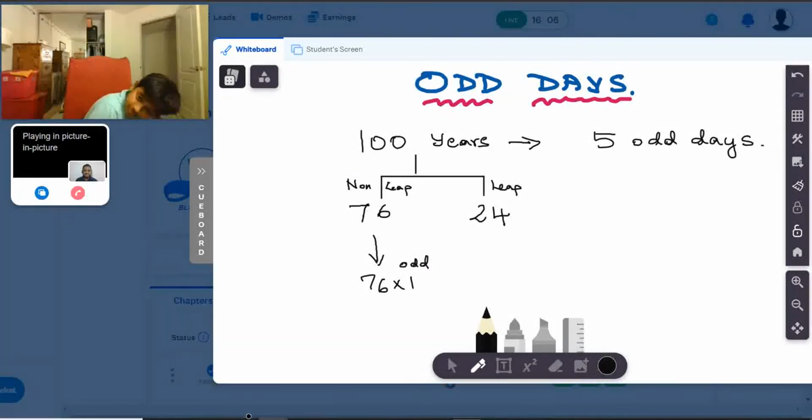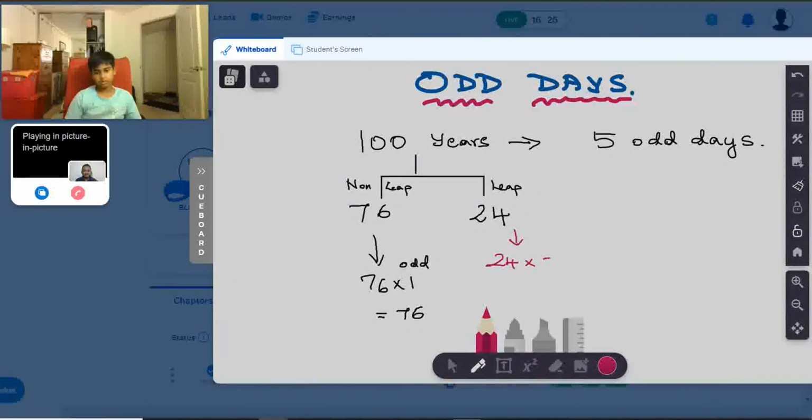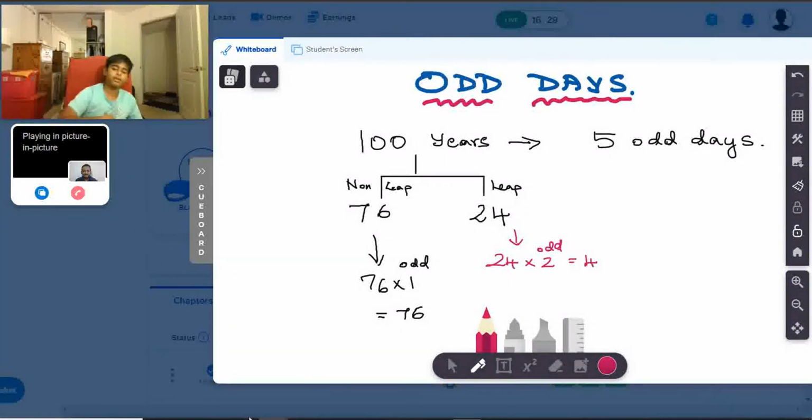So 76 years will have 1 odd day per year, giving 76 odd days. Do you agree? Now let's get to leap years. How many odd days does a leap year have? 2. Very good. So we have 24 times 2 odd days, which adds up to 48 odd days, correct?